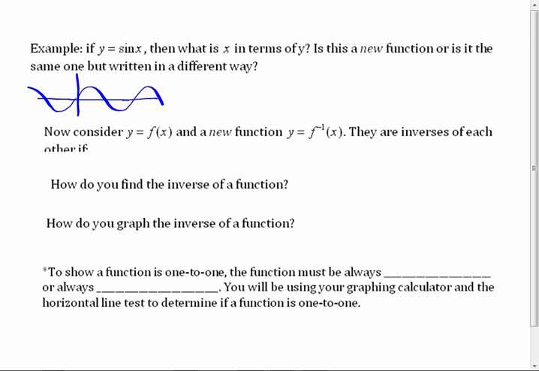Okay, so now, if I solve for x in terms of y, I'm inverting it, but it's not a new function. So what is x equal to? Inverse sine of y. What is x, though? X is what? Physically here, geometrically here. This is the angle.